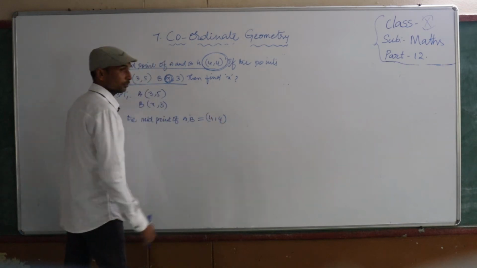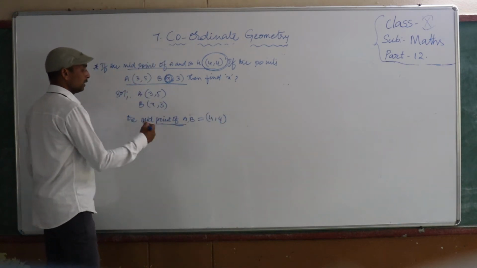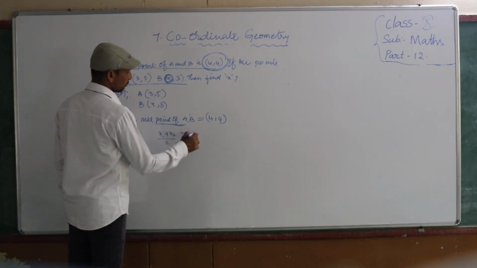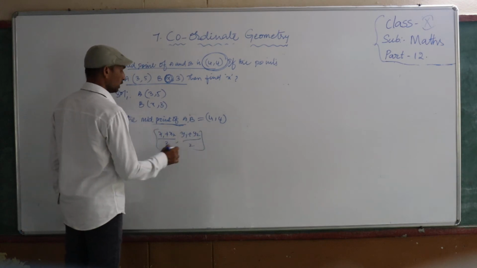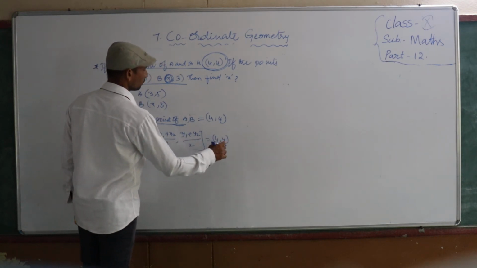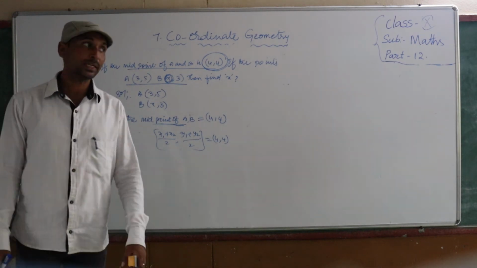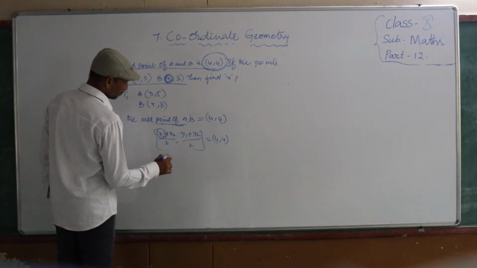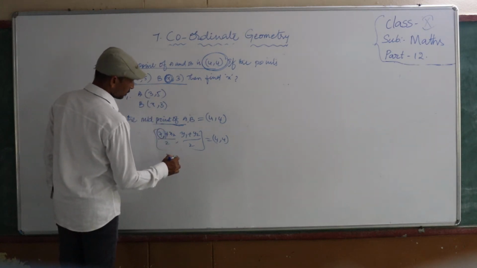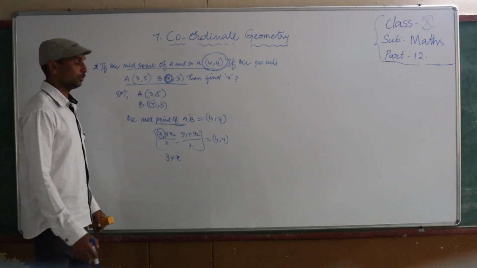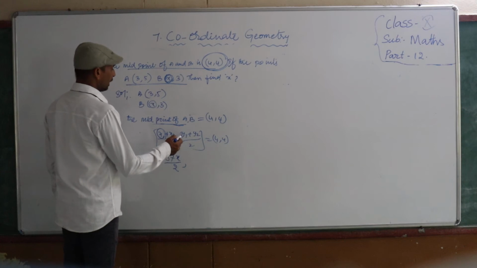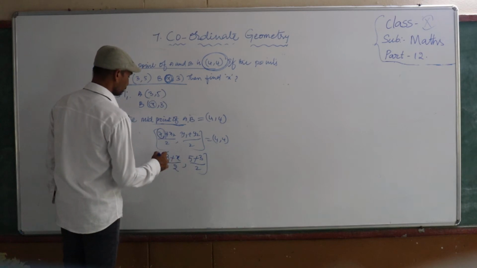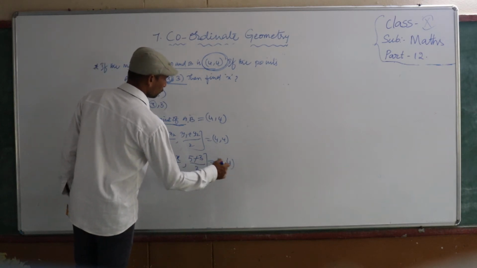(4, 4). Let's take the midpoint formula: x1 plus x2 by 2 comma y1 plus y2 by 2, that is equal to (4, 4). See children here, x1 is 3, x2 is x only because we don't know the x2 value, by 2 comma y1 is 5, y2 is 3 by 2, that is equal to (4, 4).